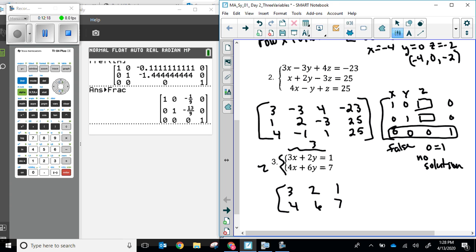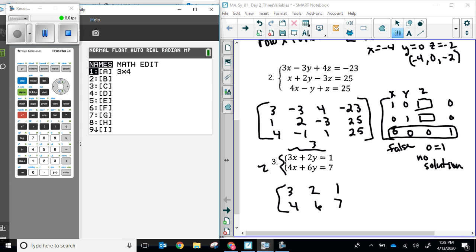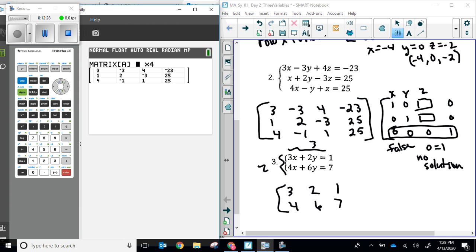Okay, so go back to matrix. So second matrix. We're going to still use matrix A. So go to edit. We're going to need to change the size to a 2 by 3 matrix. All right, so we need to put our new numbers in, 3, 2, 1.